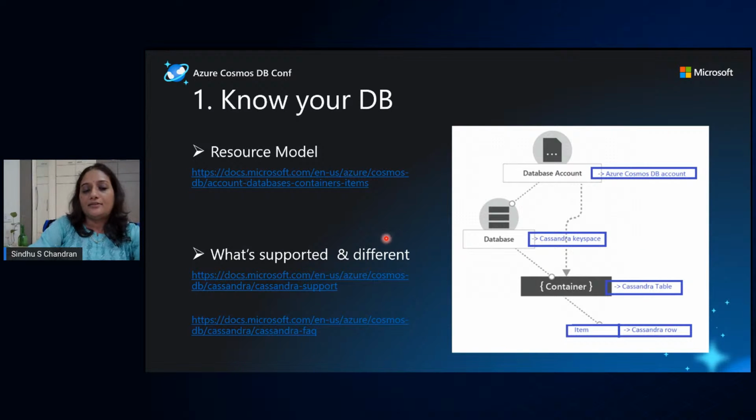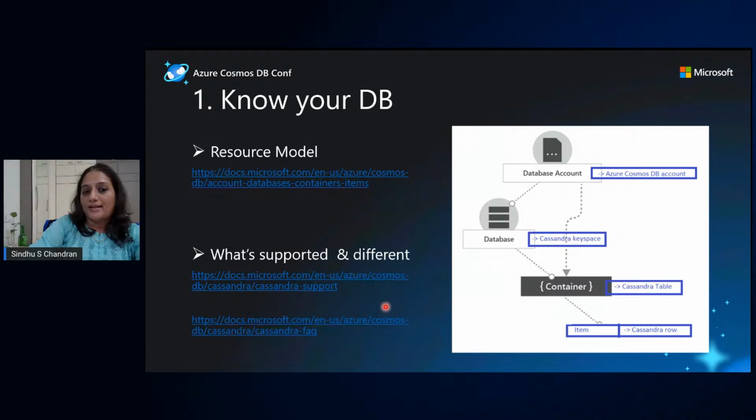And the next thing to understand is what is supported and what is different, because you might otherwise spend a lot of time finding issues or trying to debug things which you think might work, but are actually not supported. And there are also a lot of advantages which come with Cosmos DB, in terms of the increased replication that it provides and things like that.